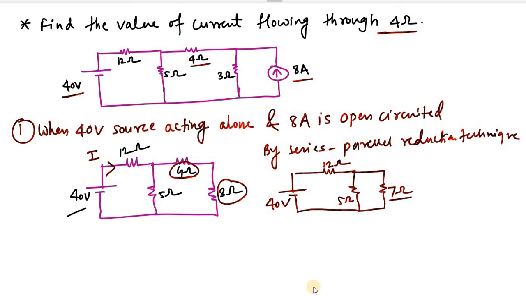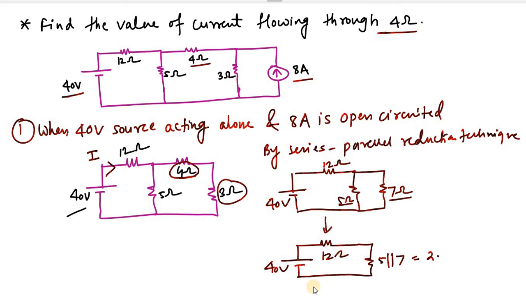Now 7 and 5 are connected in parallel, so we will simplify this circuit further. This 5 parallel with 7 is equal to 2.92 ohms.